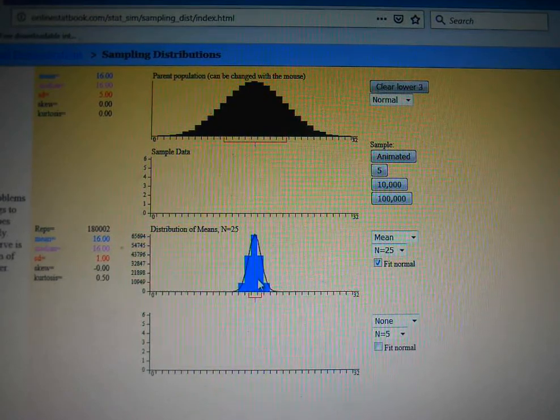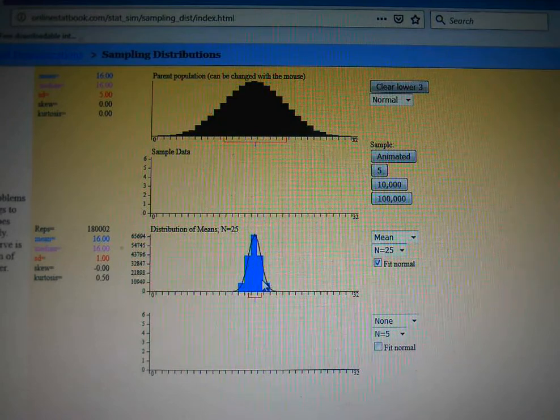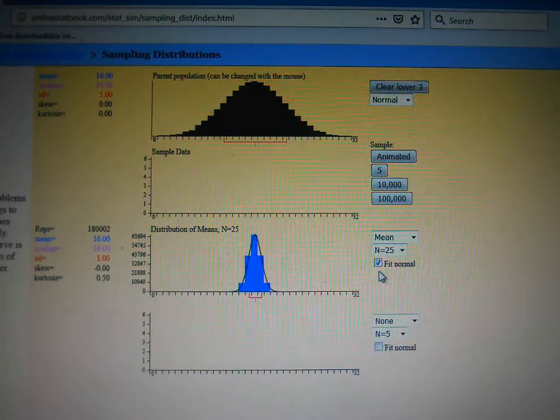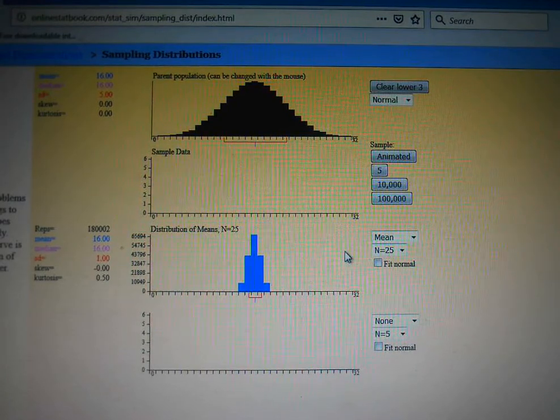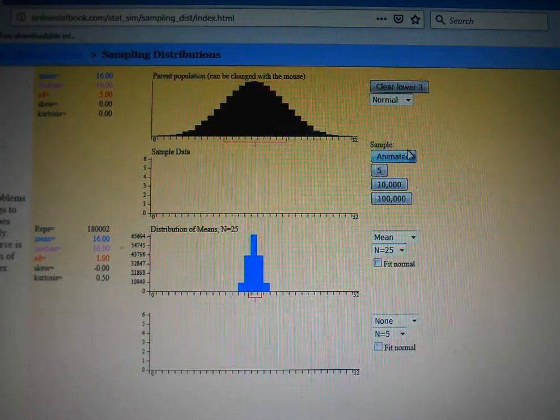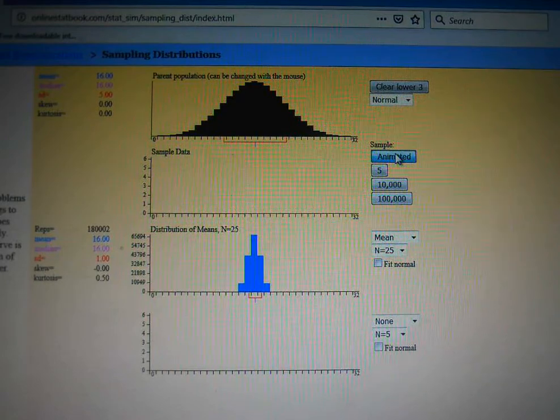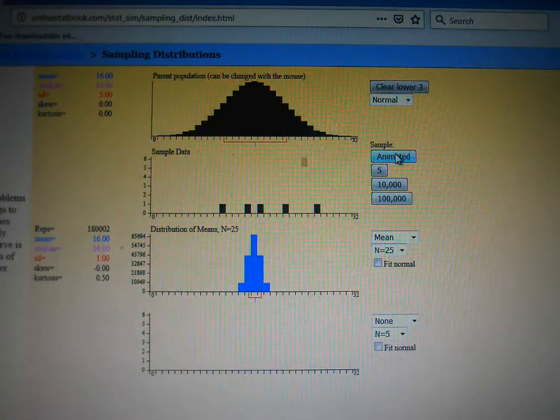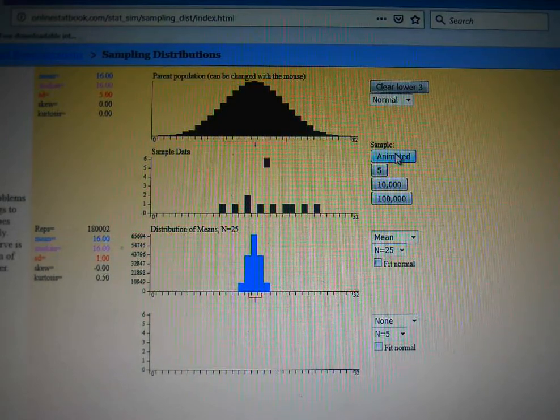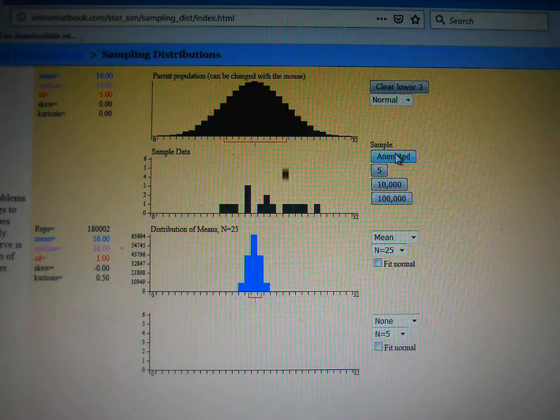And we'll get into what happens there in the next video. But I want you to get a basic understanding of what is meant by a sampling distribution of sample means. And again, all that is, you're choosing a sample of size n, in this case 25, calculating the sample mean, and plotting it on a new distribution.